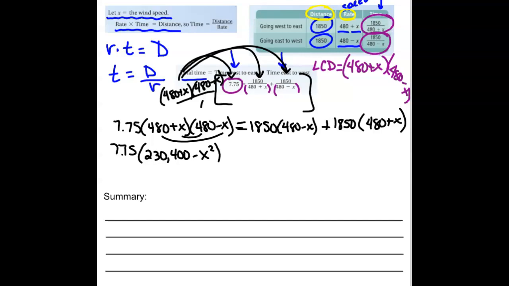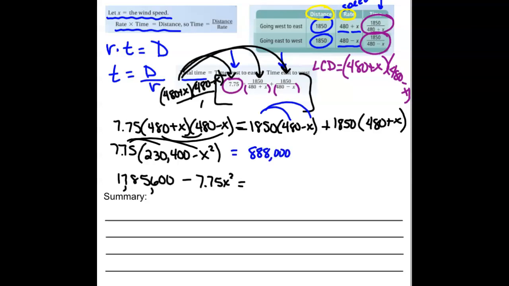So distributing the 7.75 to that, we end up with 1,785,600 minus 7.75 x squared.